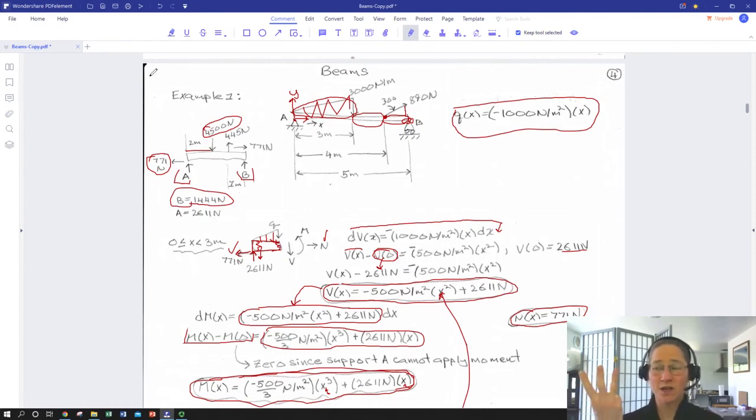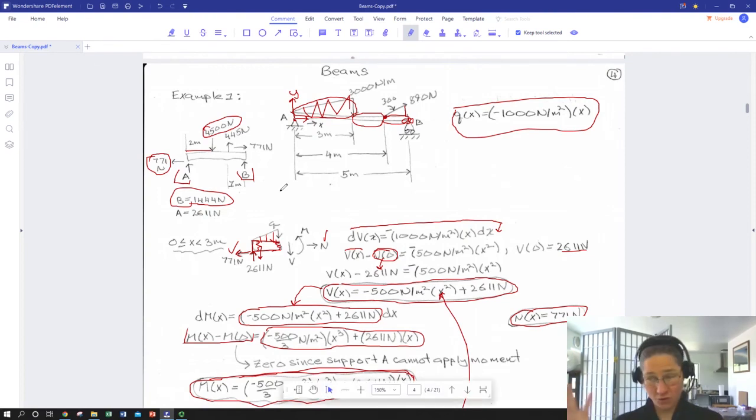So you'll always have 3 unknowns that you'll be solving for. Force in the X, force in the Y, and moment for a 2D beam. Have more for a 3D.